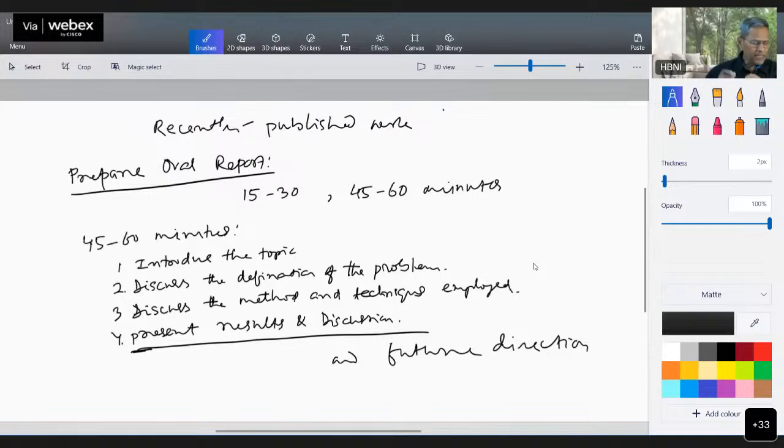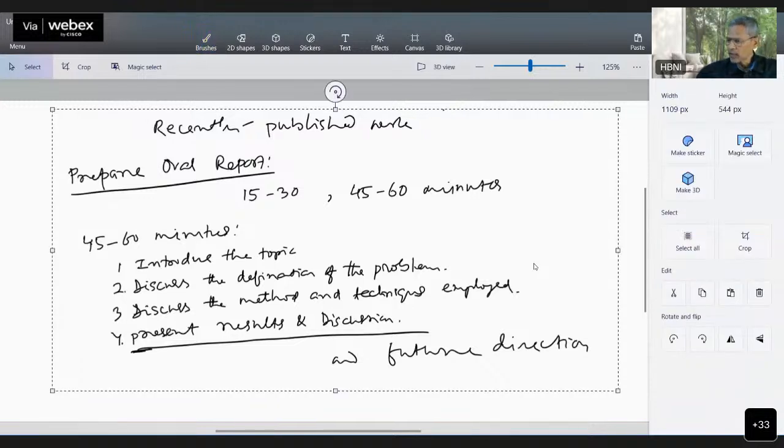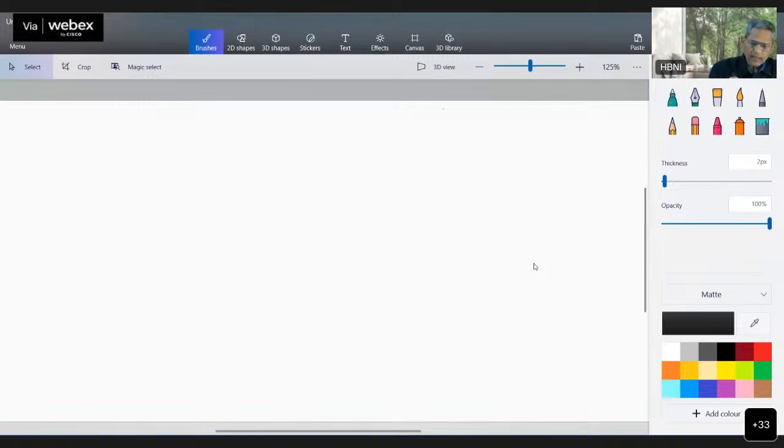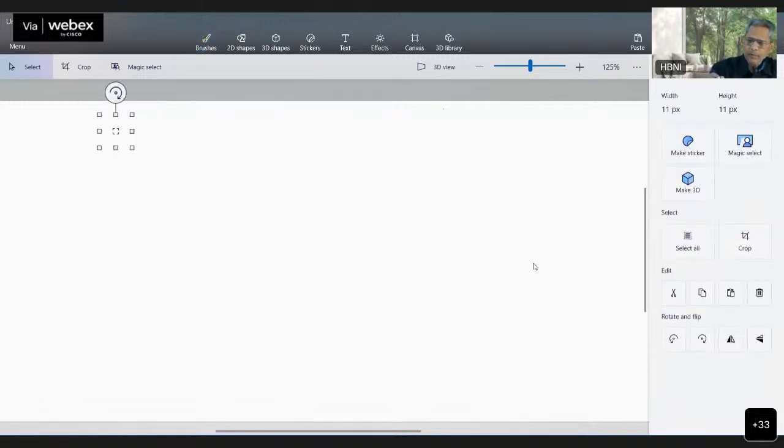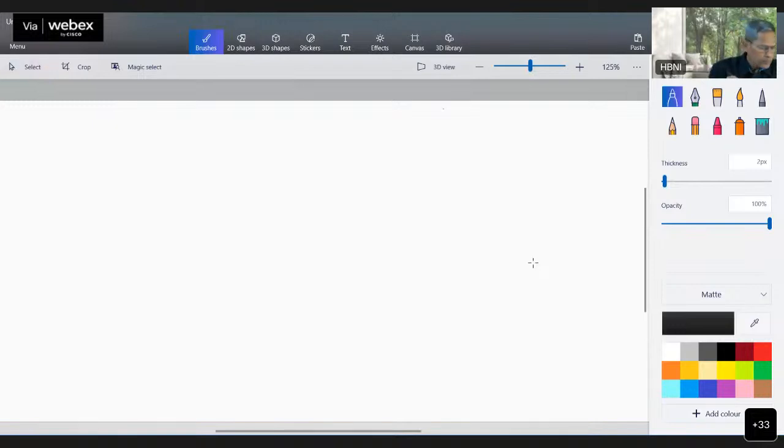And when you are making a presentation, you should avoid some of the words. Let me write down. This is important. When you are making an oral presentation, particularly, don't use words like well, you see.